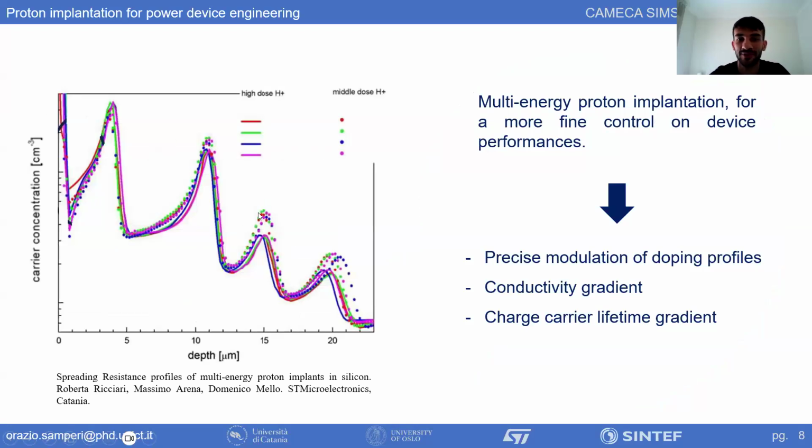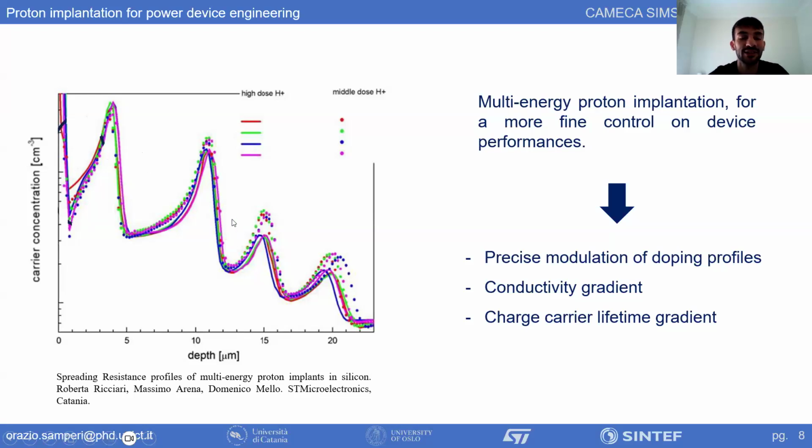And this is an example of proton implants in silicon. Here I'm showing you a spreading resistance profile, which is basically an electrical measurement that measures the carrier concentration. This structure here is called a multi-energy implant or a multiple implant. It's basically made by implanting several energies.